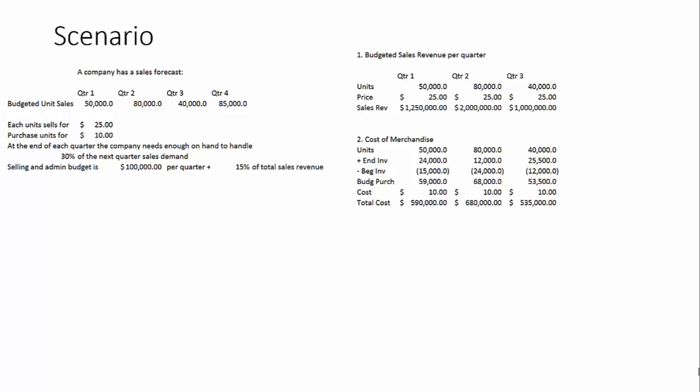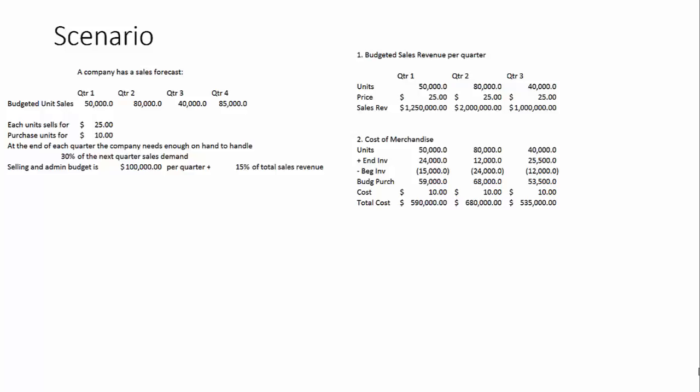So 30% of 80,000 units in quarter 2 is 24,000. And our beginning inventory would be 30% of the current quarter's units. So 30% times 50,000 in quarter 1 gives us the 15,000 beginning inventory.